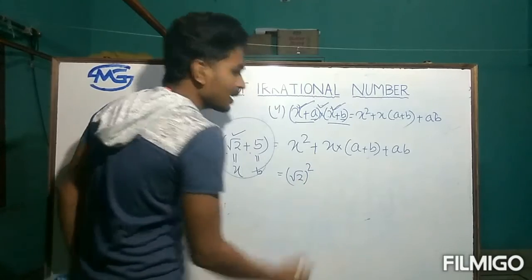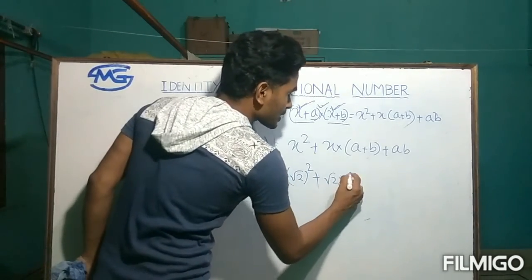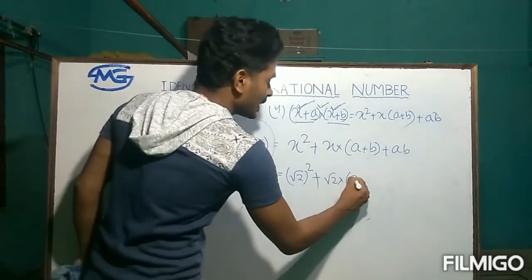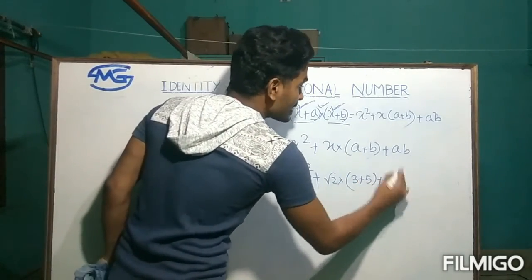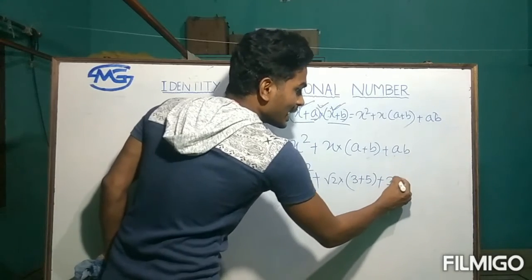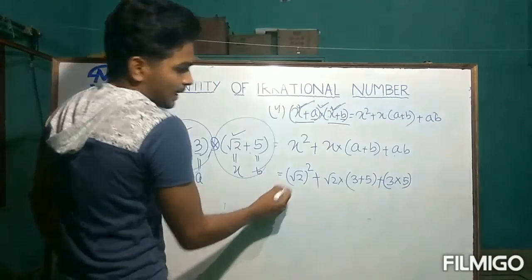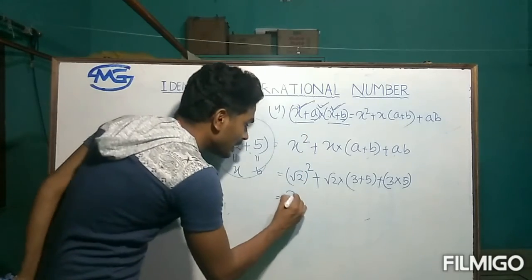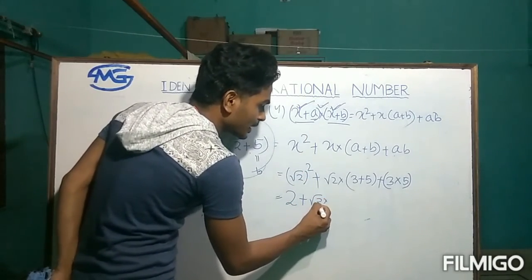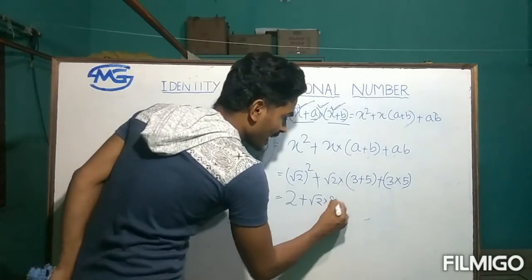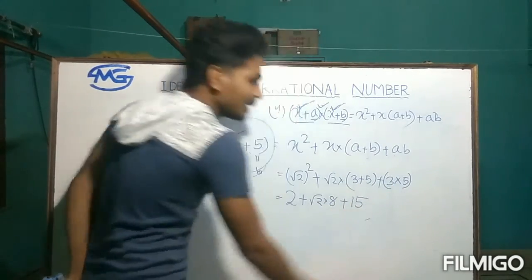It will be root 2 square plus, in place of x put root 2, in place of A we will put 3, in place of B we will put 5, plus AB means A into B. Then as you know, root 2 square is 2, plus root 2 whole into (3 plus 5) is 8, plus 3 into 5 is how much? 15.